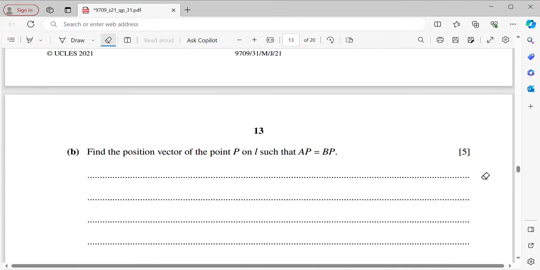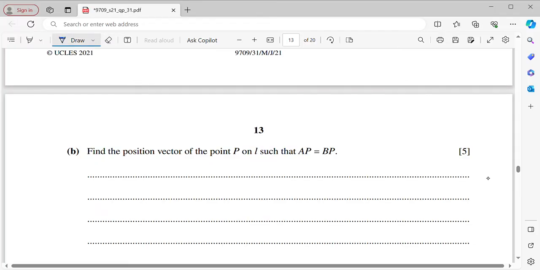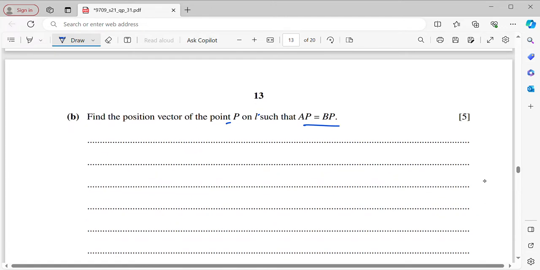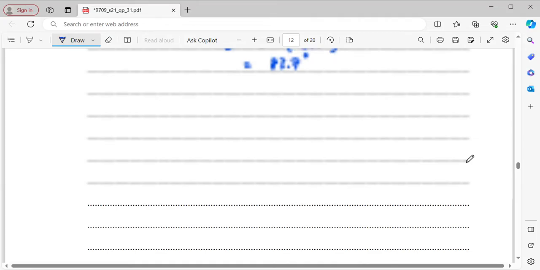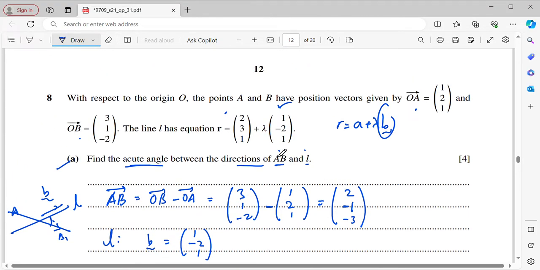Okay, so next part. Find the position vector of the P on L such that AP equals BP. So now, let OP, because P is on L, that means vector OP is the same as r, which equals, I will combine the components: 2 plus 1 lambda for my first component, second component is 3 minus 2 lambda, and the third component is 1 plus 1 lambda.